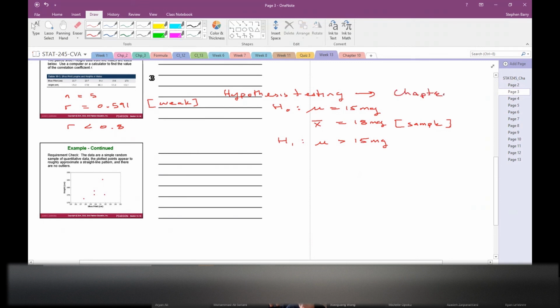But as we move onwards, in chapter 10 and next week in chapter 11, we also do hypothesis testing. But it's going to be of a different sort, because it's always the same in this case. When dealing with chapter 10 hypothesis testing, the null hypothesis is always, always, always that there is no correlation.